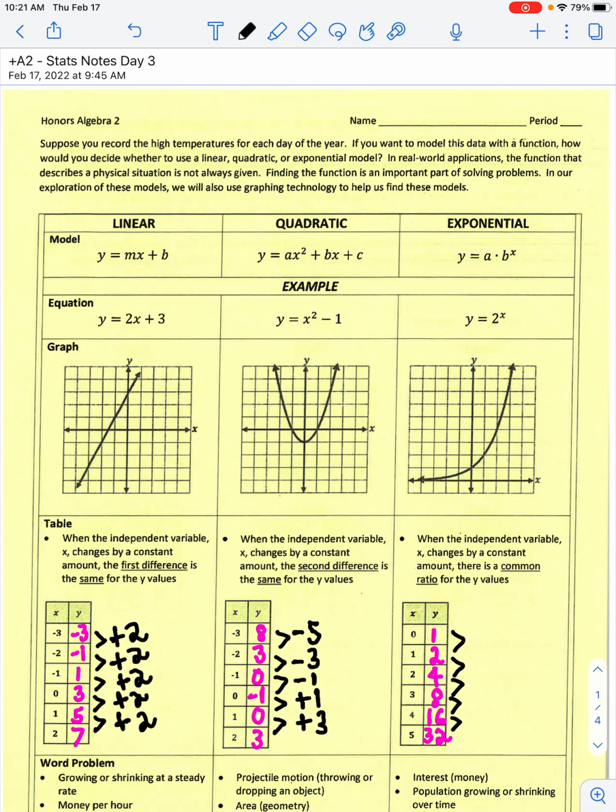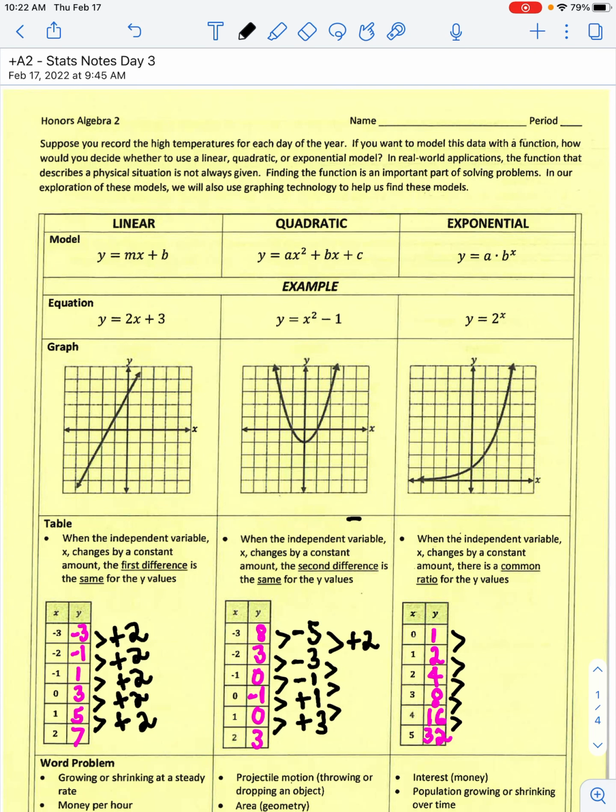So I don't notice the same first difference like I did in the linear model, but now if I take the second difference, notice what happens there. So negative 3 minus a negative 5 really means I'm increasing by a positive 2.